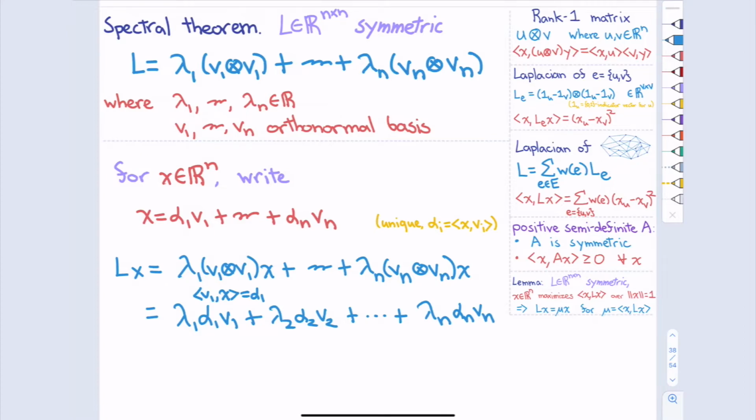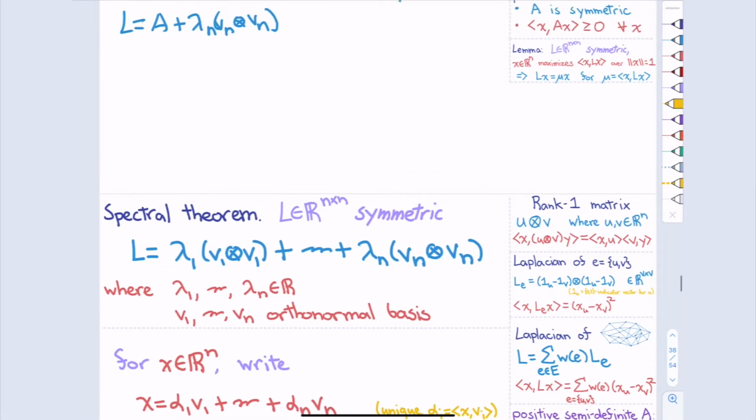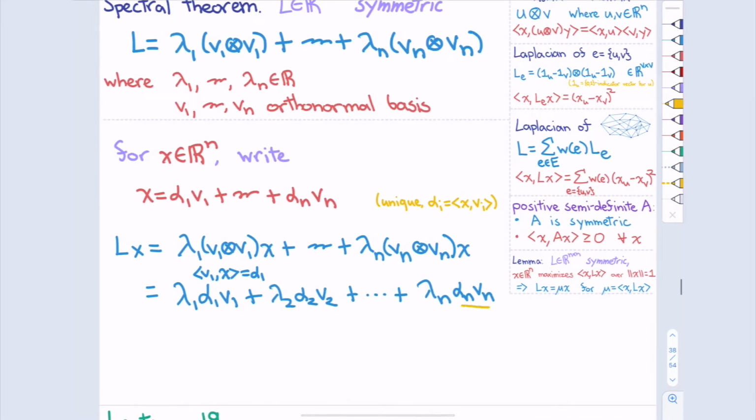Okay? Now look at these parts that I'm underlining. This is the original x in that other coordinate basis, alpha 1, alpha 2, and so forth.